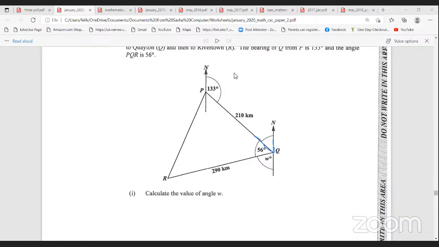The distance. No, the angle. So the bearing is the angle. Dejana, erase those two lines for me.